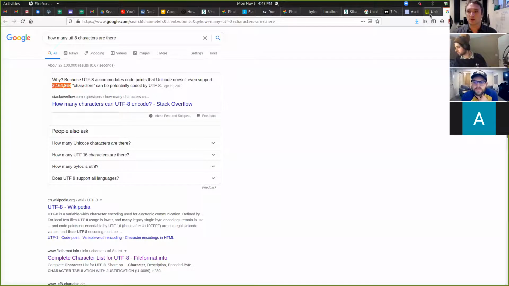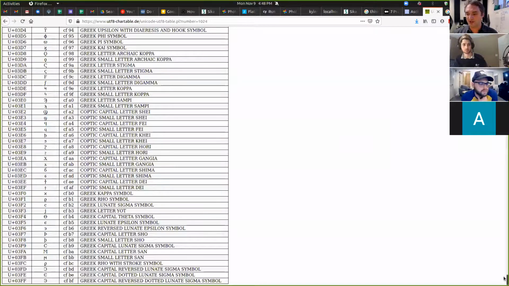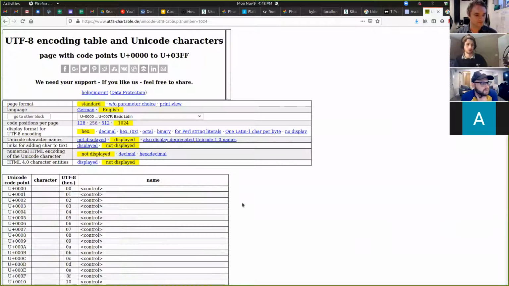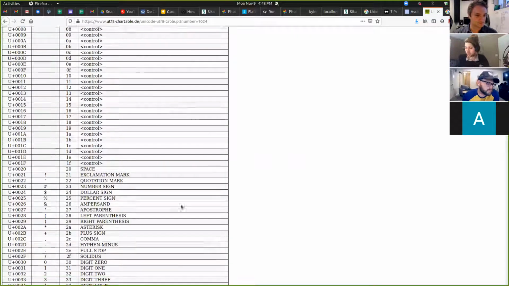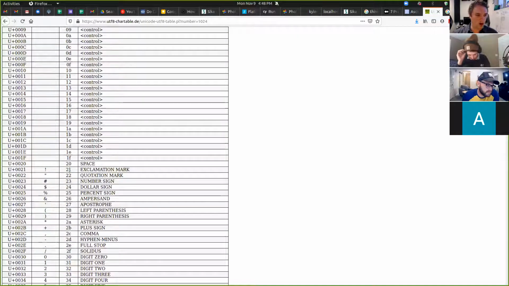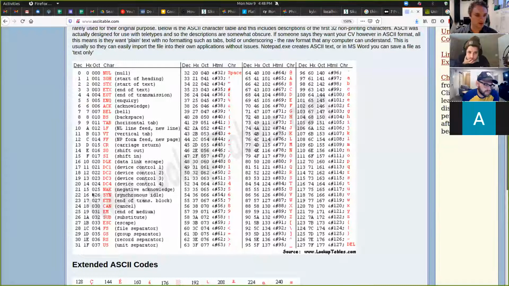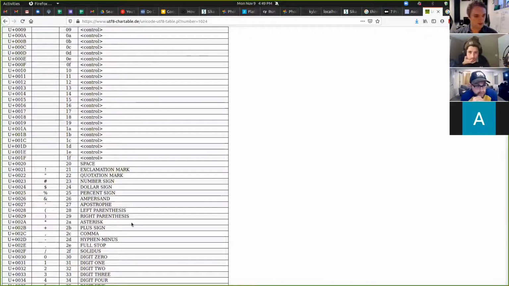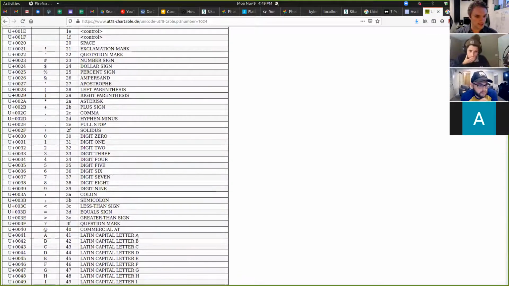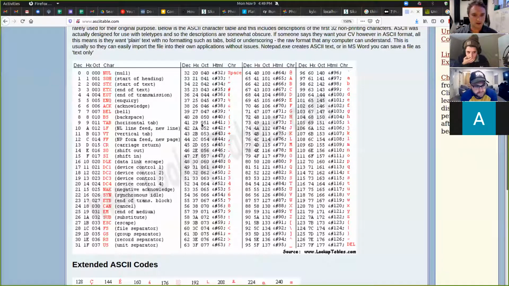Cool. So why did I talk about this ASCII stuff first? See, 21 is an exclamation point. Latin capital letter A is 41. Ooh, there it is. I guess this is hex.